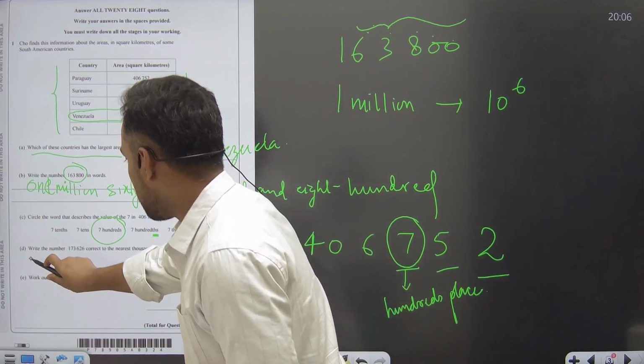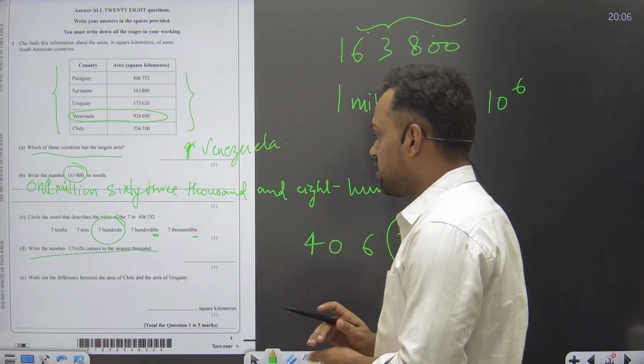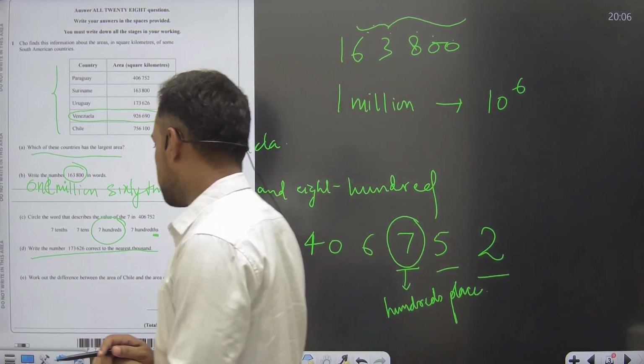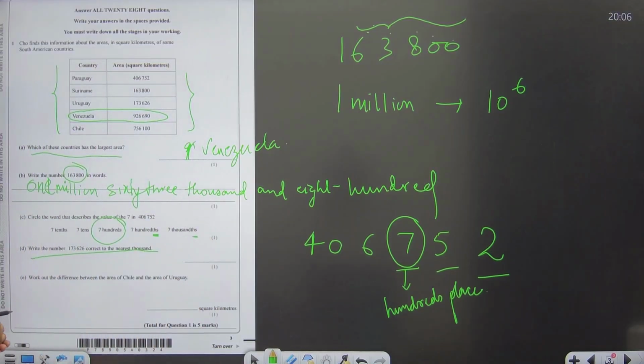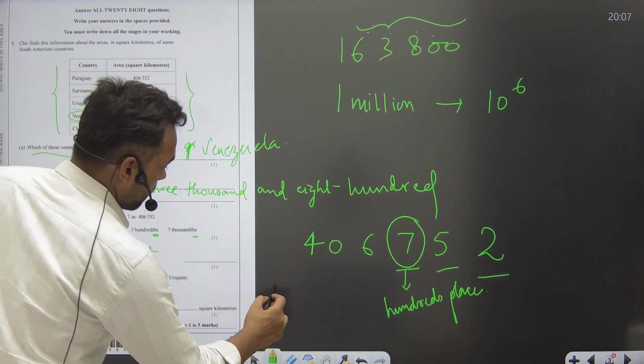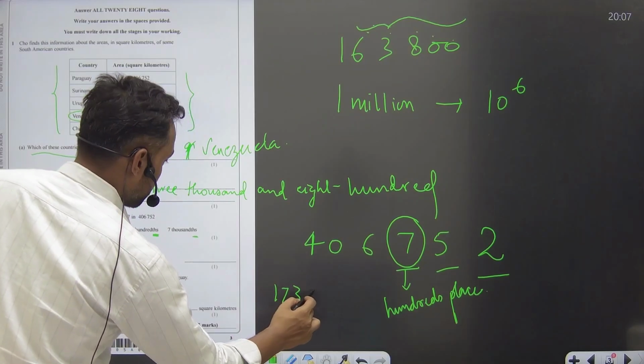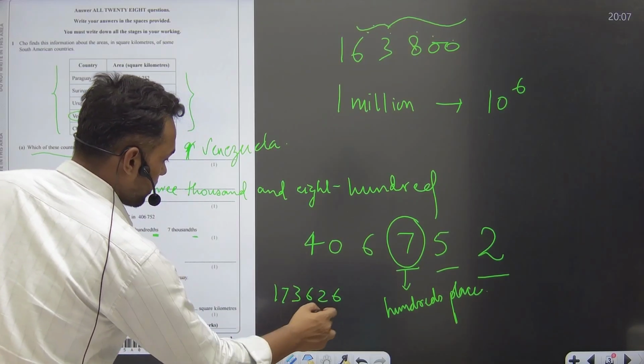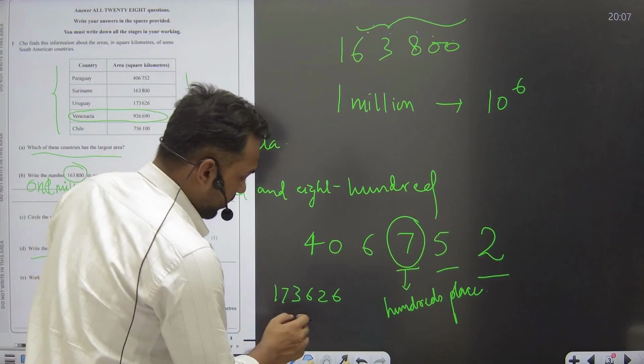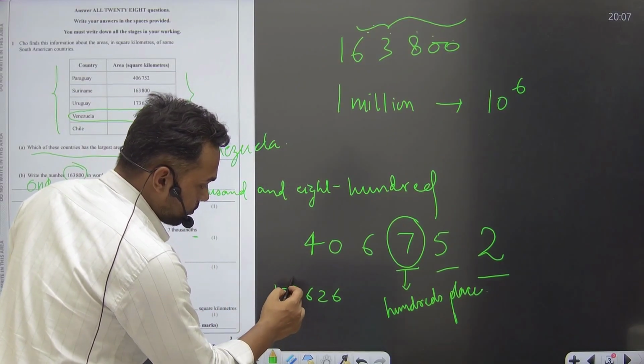Now write the number 173626 correct to the nearest thousand. What is the thousand place number here?